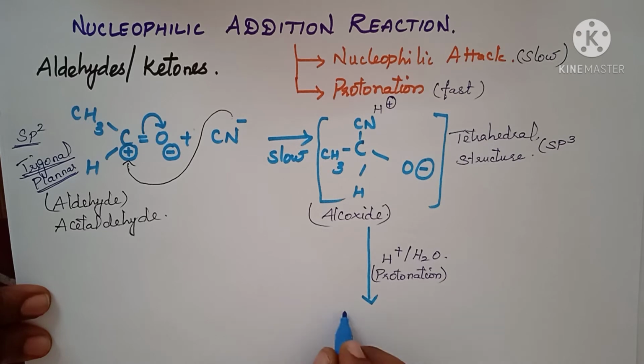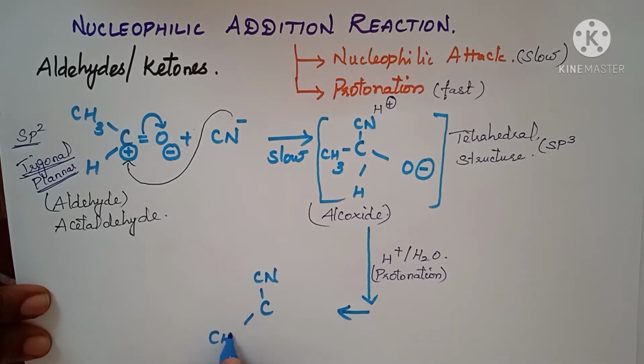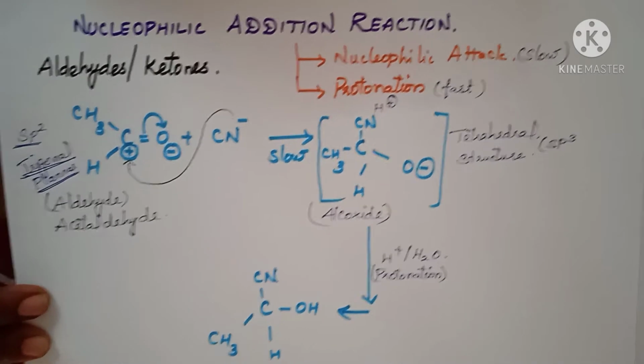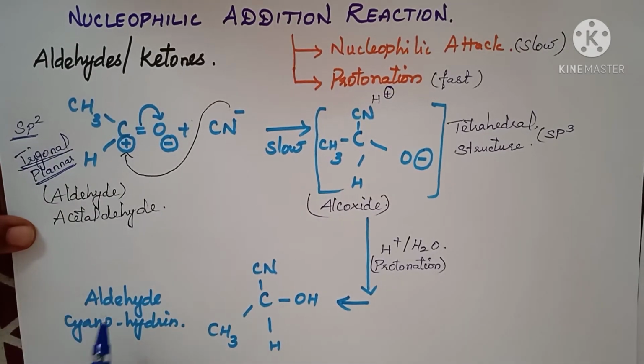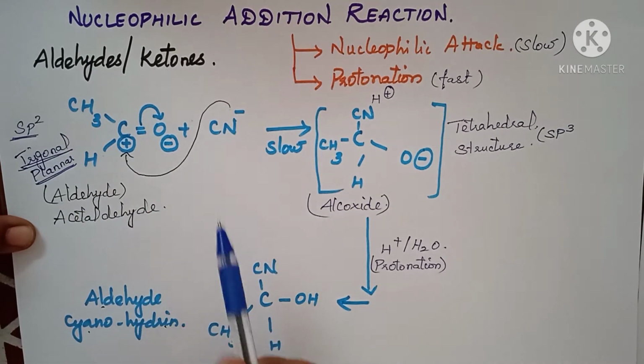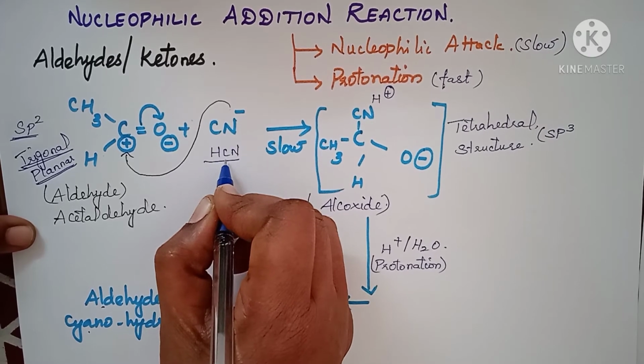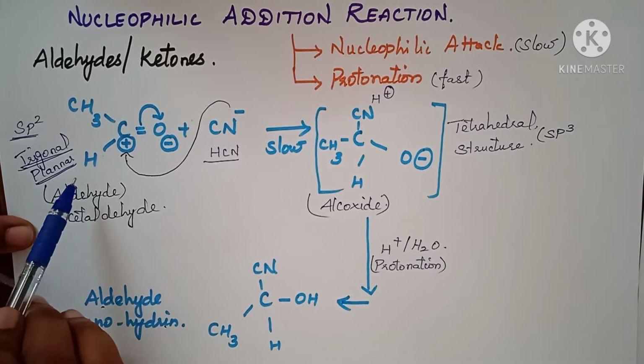So here the structure will be C, here CN, and then this side CH3, here H, and this side OH. This is called aldehyde cyanohydrin. Actually, this is acetaldehyde reacting with HCN. So this is the reactant which is going to react with the aldehyde.